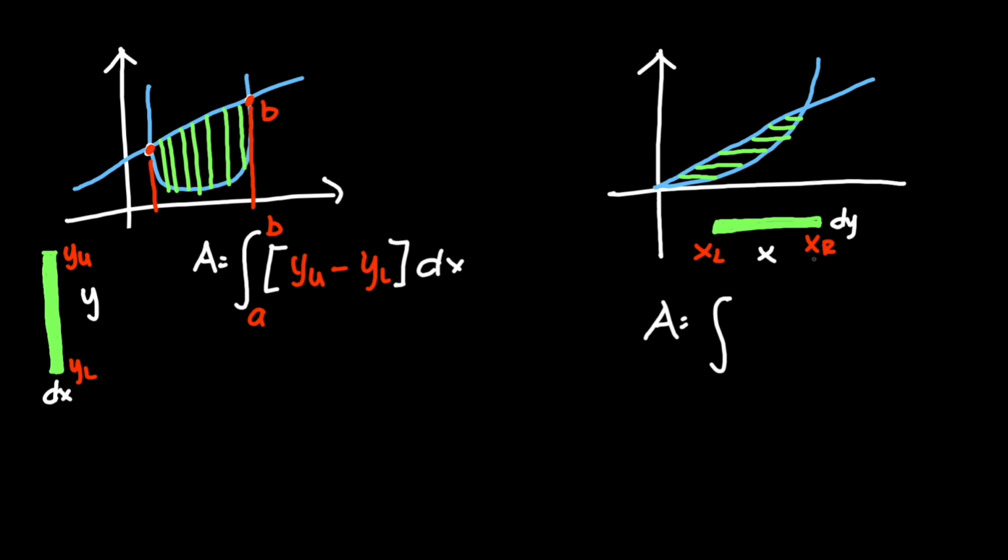The right side that touches x is this curve right here, and so the formula for this would be x right. And for the x left, just see what the left part of your x element is touching, which is this line or curve.